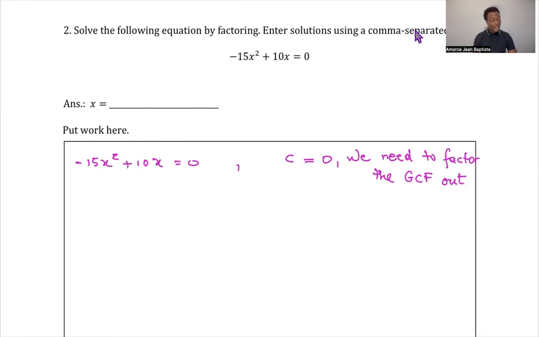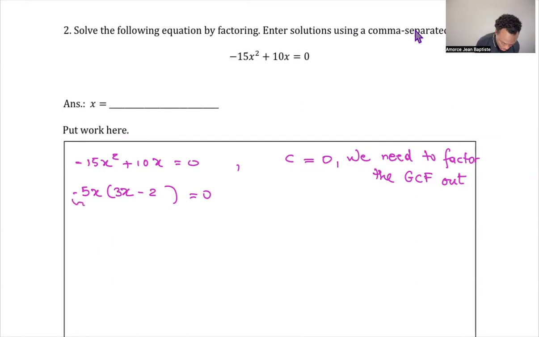If you do it differently, that's also totally fine. So let me factor the GCF out, which is -5x. When I factor -5x out, what's left would be 3x minus 2, right? Equals 0.